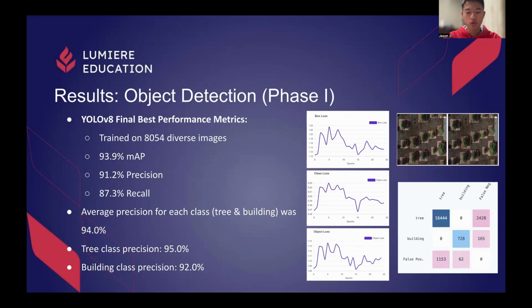The model performed strongly, achieving a final performance of 93.9% mean average precision, 91.2% precision, and 87.3% recall. Average precision for each class was 94%. Tree detection reached up to 95% precision, and building detection reached up to 92%. These results show the model reliably identifies major hazards found in remote terrain.